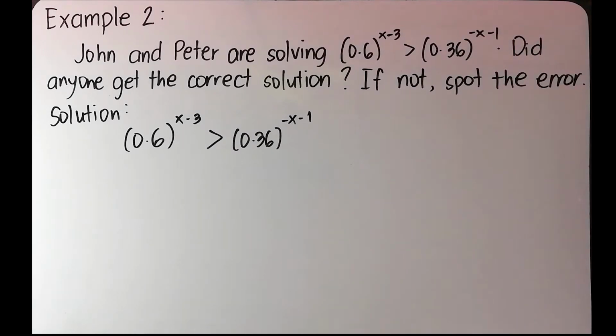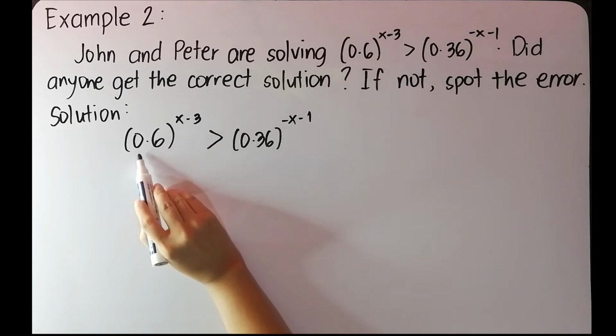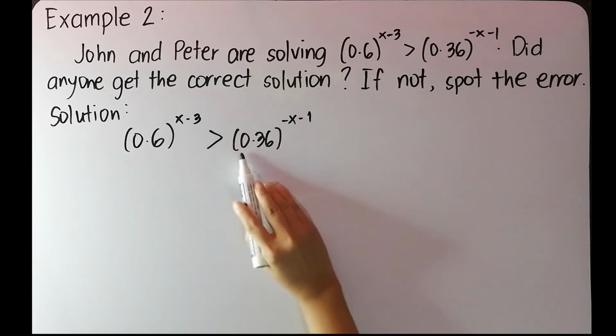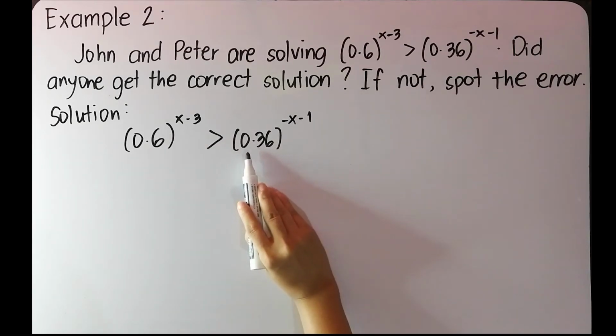Before, we already discussed how to solve an exponential inequality. Just like in an exponential equation, we need to make the bases on the left side and right side the same. Our base on the left side is 0.6, while the base on the right side is 0.36.